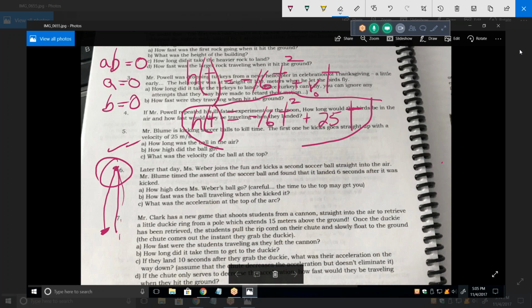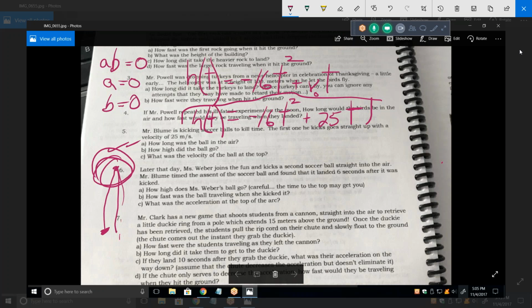Now, if we have a parabola like I've drawn over here, how do we figure out where the vertex occurs? In other words, we don't really want to know what the t-coordinate of the vertex is.